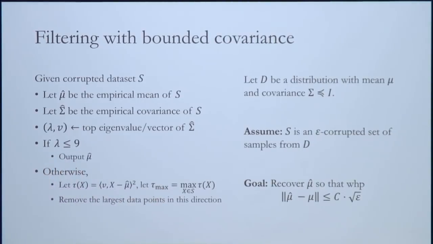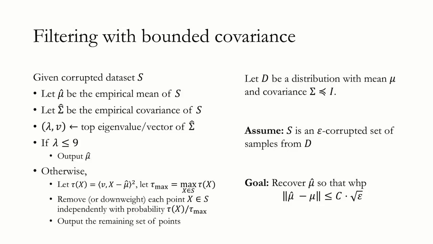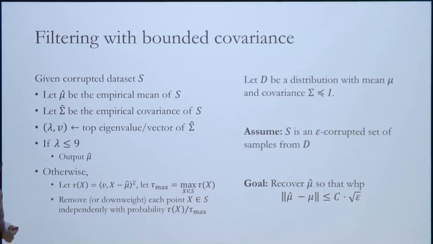And then there is a slightly subtle thing that we need to do here. I'm going to remove each point in my data set independently with probability tau of x over tau max. Or if you don't like randomness, instead of doing a hard removal operation, you can just downweight each point.